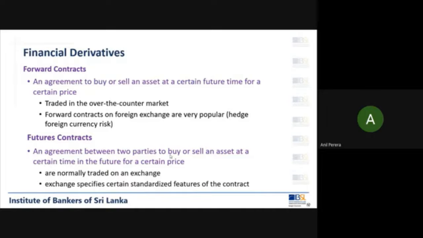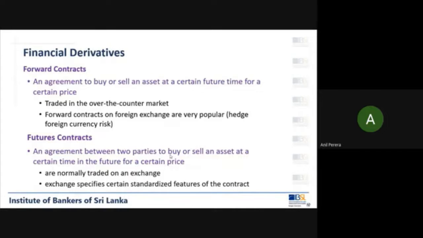Why? You can hedge foreign currency risk with this contract. Now let's say you enter into a foreign exchange agreement today. Let's say you are importing a vehicle from Japan. You have agreed the yen price at a certain level. You assume the future price could be this much, and you calculate based on the current prices, and you enter into the agreement. Of course, when you enter into the agreement, there could be some calculations, some premiums added.